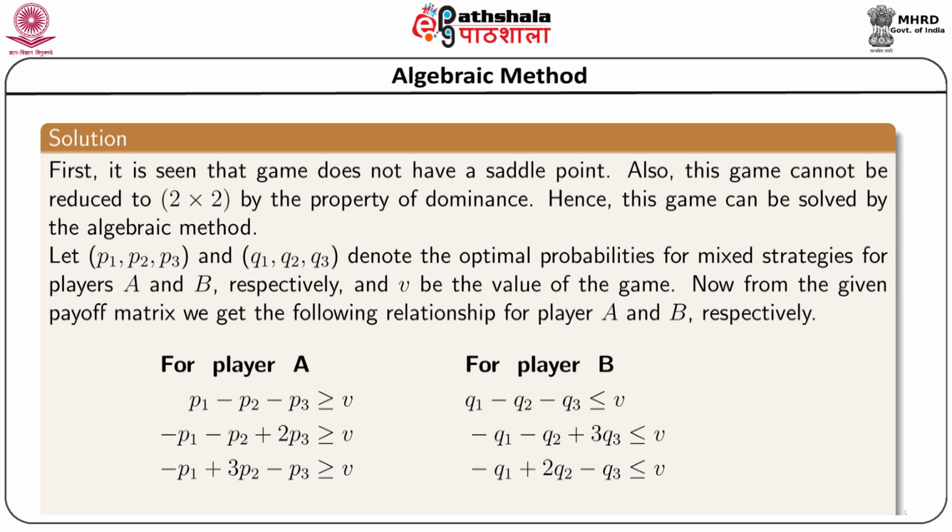Since P1, P2, P3 and Q1, Q2, Q3 are the optimal probabilities for the mixed strategies for the players A and B, and V is the value of the game, for the player A we have these relations, and then for the player B we get the relations as shown in the slide.